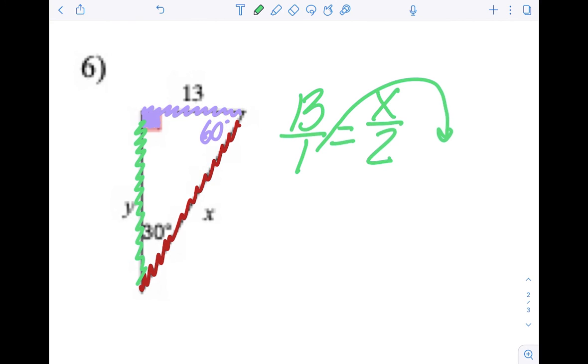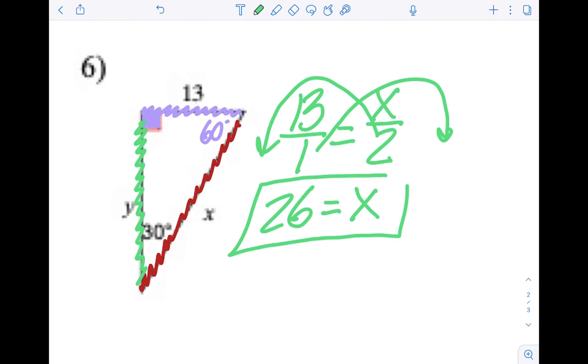Cross multiply. 2 times 13 is 26. 1 times x is x. And look at that. We have found our x. We found x is equal to 26.